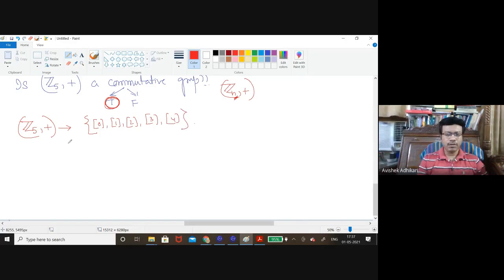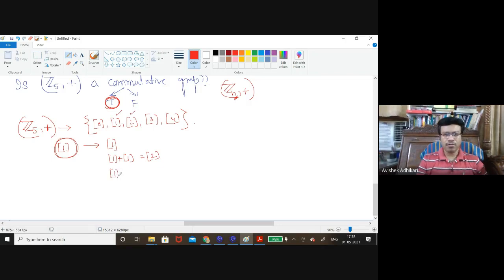Now it has a special property. If I consider class 1, and addition is the operation here, if I do not apply the addition, I will get this element. If I add 1 plus 1, I will get class 2, so I get this element.